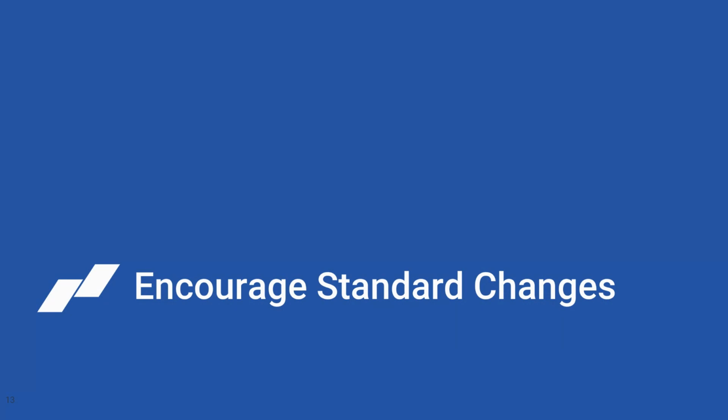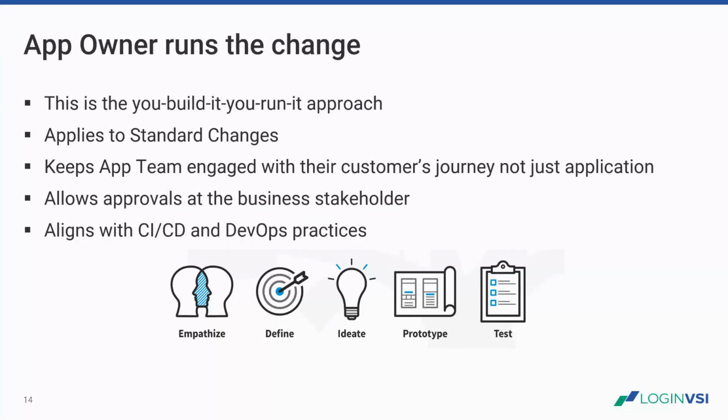Encouraging standard changes. One idea that I'll present is this concept of a you build it, you run it approach. And this is to say for an application team and an application owner, if they're DevOps, if they understand their team, their stakeholders, they've already started committing their code through continuous integration, they deploy their code with continuous deployment, have them run the process, right?